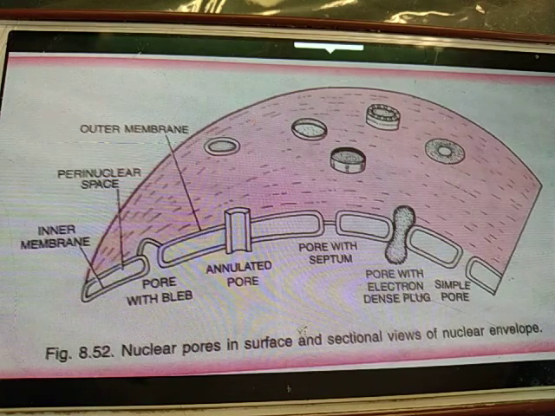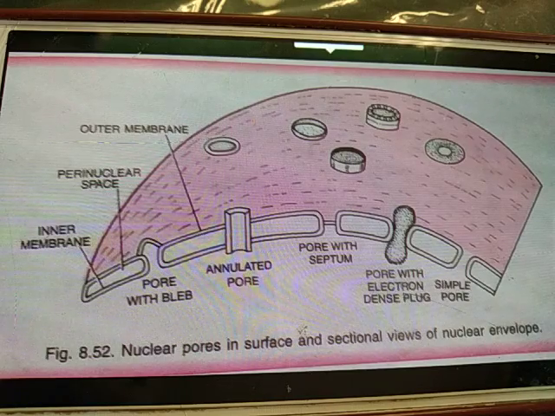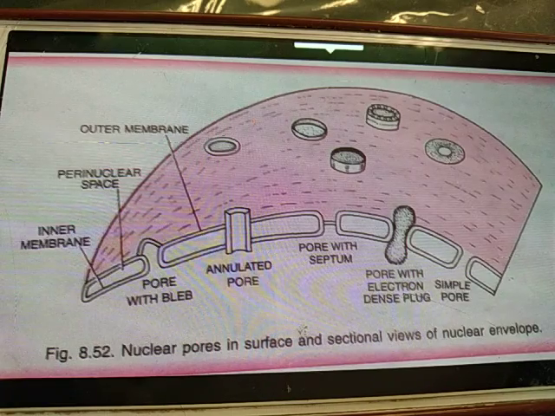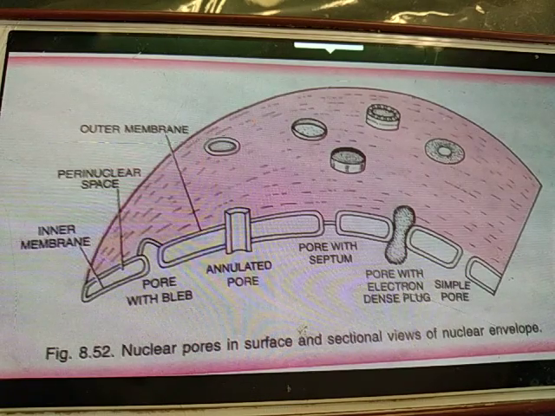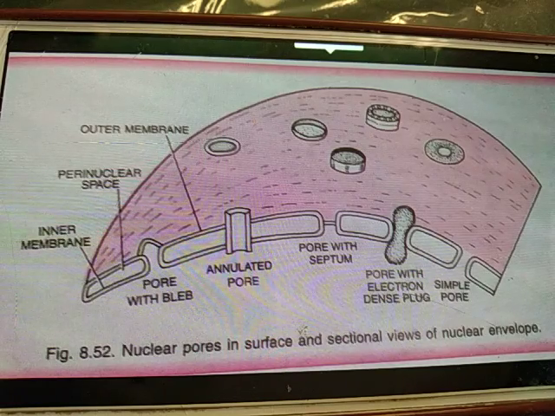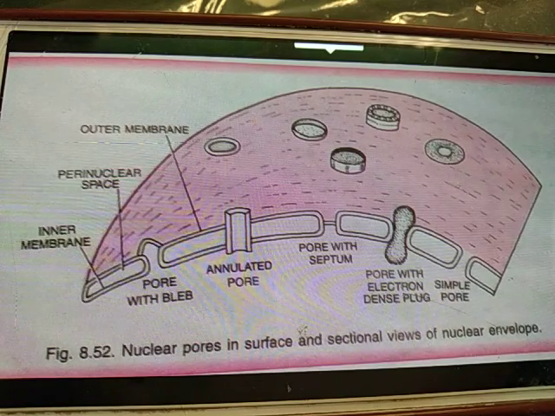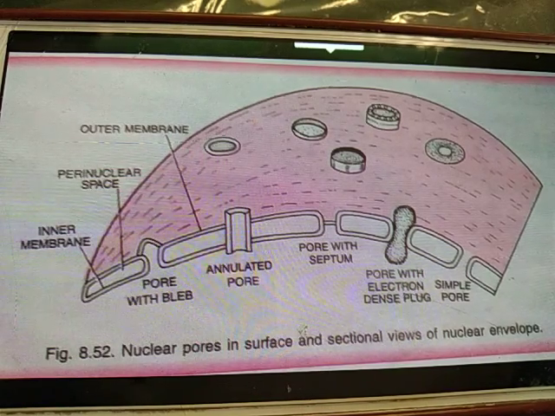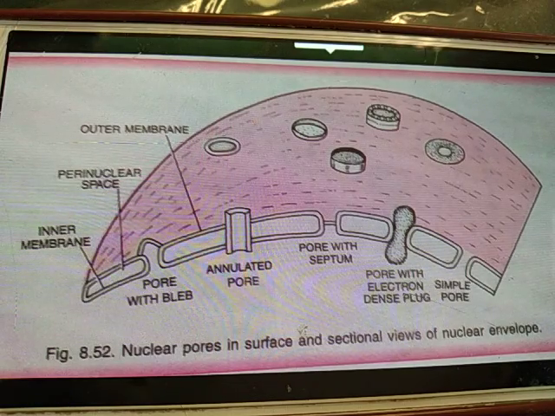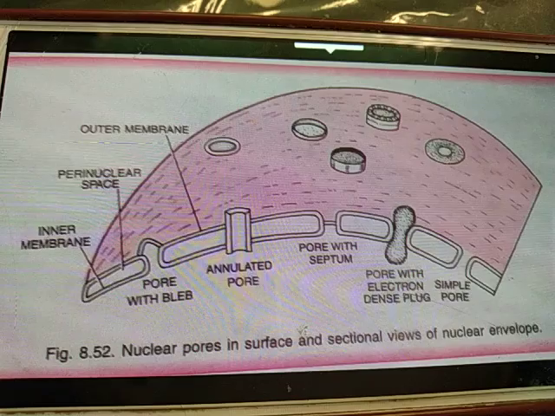It contains nucleosides and a number of enzymes, for example DNA polymerase, RNA polymerase, and nucleoside phosphorylase, which are required for the synthesis and functioning of DNA, RNA, nucleoproteins, etc. Some of the proteins present in the nuclear plasm are essential for spindle formation.